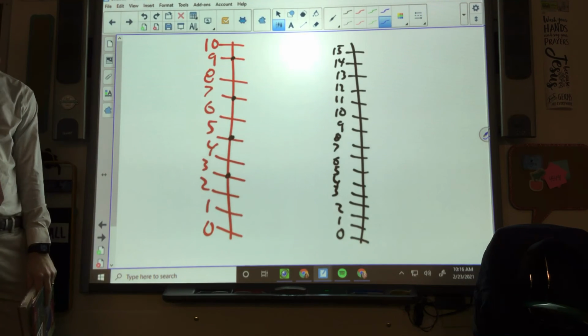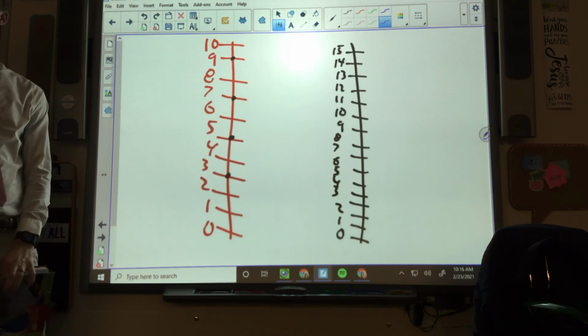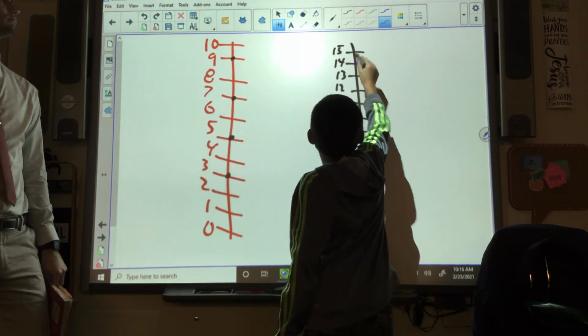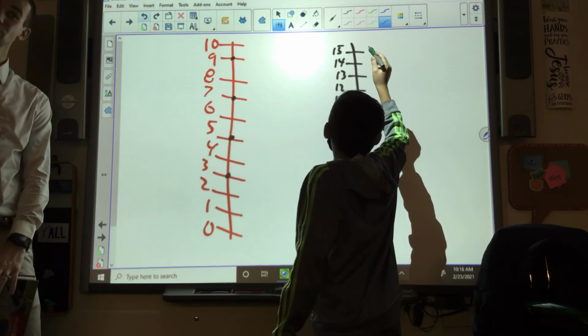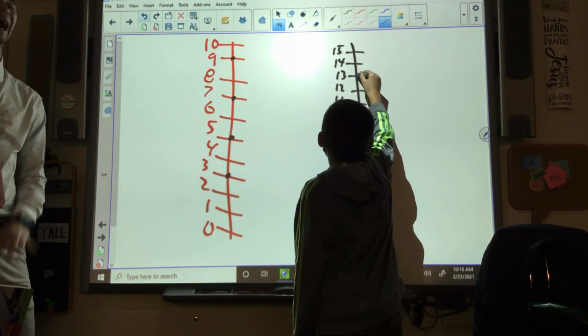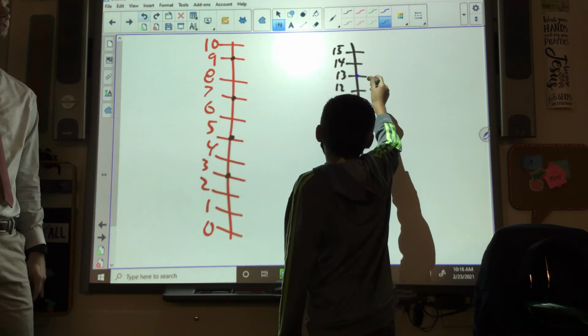Oh, I caught it this time with 2 hands. Go ahead. Positive odd numbers less than 15. Wait, odd numbers, not even? Is 14 an odd number? No, only find all the odd numbers. Positive odd numbers less than 15.